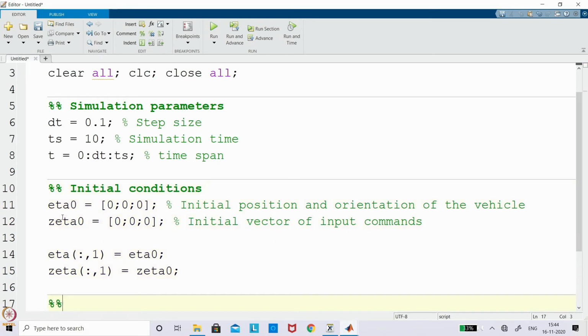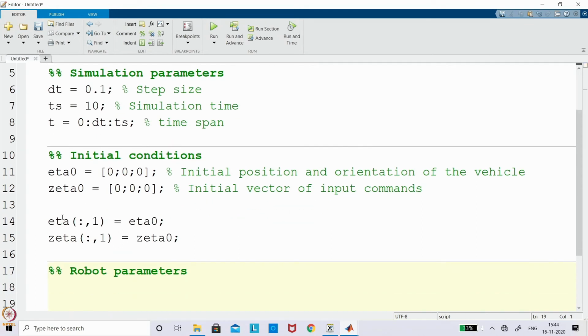Now we will go to the vehicle parameters. I will write robot parameters because I always teach vehicle dynamics. So here, what are the robot parameters we are supposed to use? You have to use the mass of the vehicle, right? I assume that the mass of the vehicle is 10 kilogram.